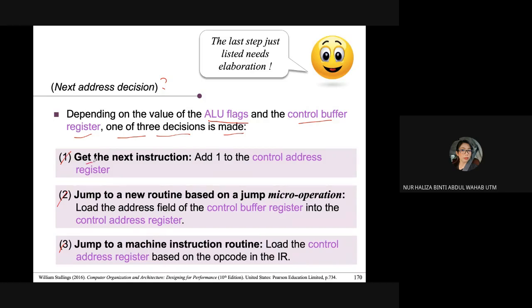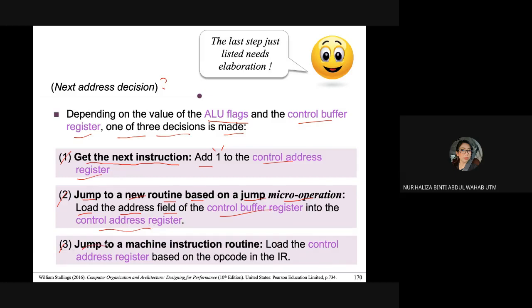First, get the next instruction, which is to add 1 to the control address register. Second, jump to a new routine based on the jump micro operation, which is to load the address field of the control buffer register into your control address register.